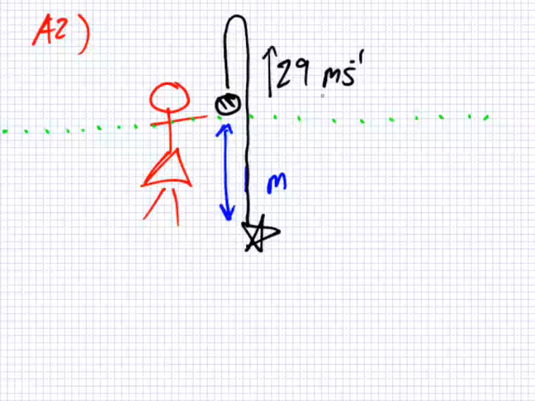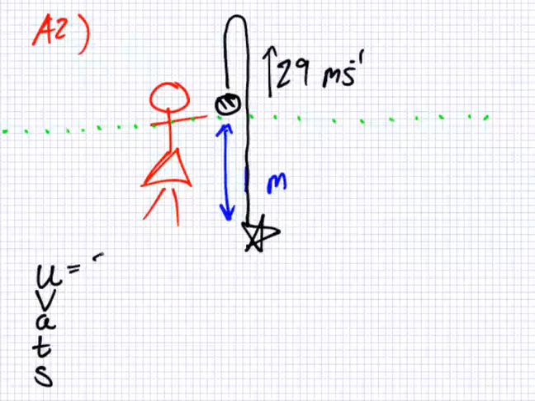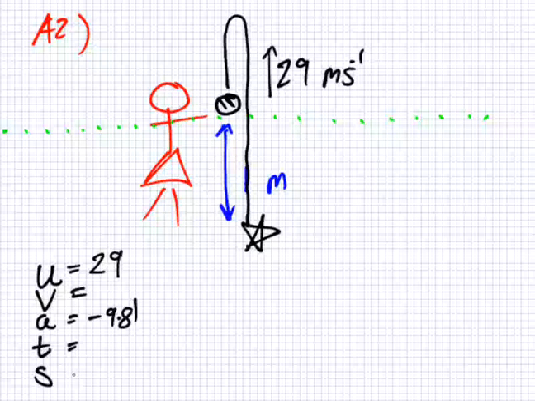Right, so this one here: a girl throws a ball up in the air from a height of 1 meter with a speed of 29. How long until the ball hits the ground? Okie doke. So here she is. And this height here is 1 meter.